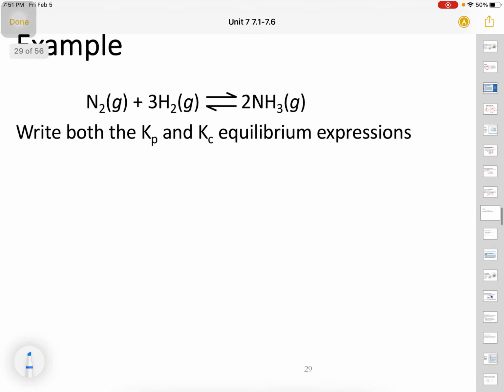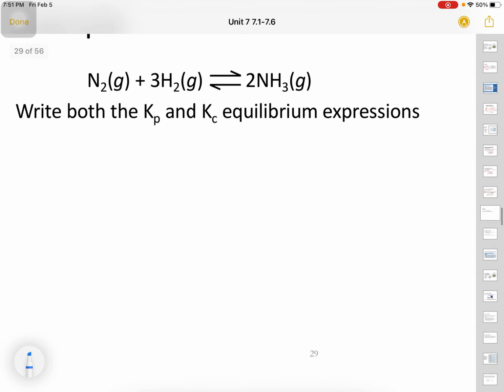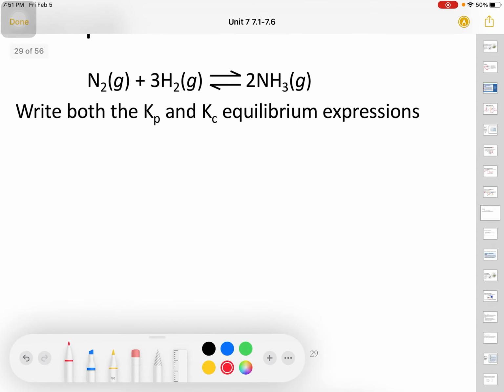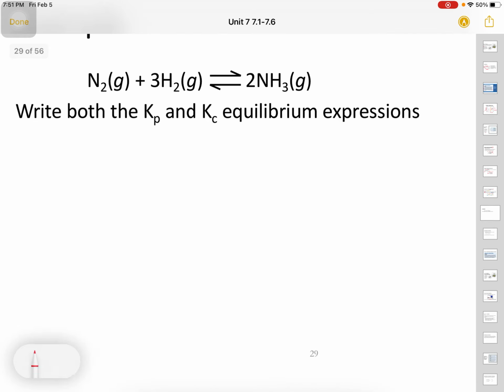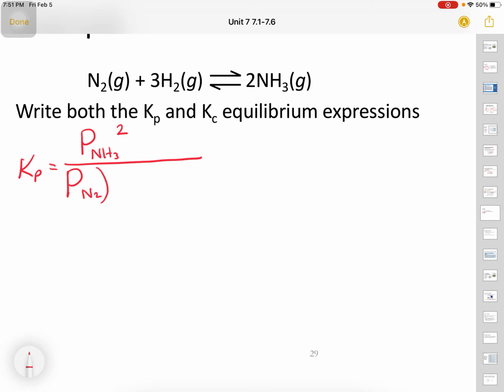All right, so here's an example. Just to show you how the format would be different for a concentration-based or pressure-based equilibrium expression, we'll write this out. They're formatted the same way. So pressure-based would be the pressure of NH3 squared divided by the pressure of nitrogen raised to the first power times the pressure of hydrogen cubed.